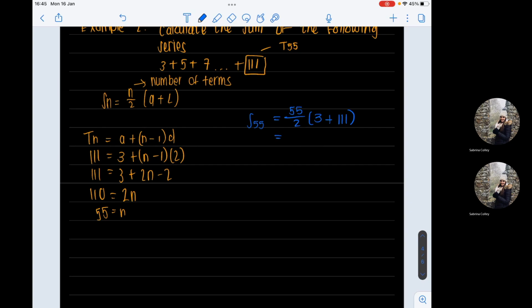If I work that out on my calculator, I'm going to get 3,135. That is my answer. If I took from term 1 to term 55 and added them all together, I would get 3,135.